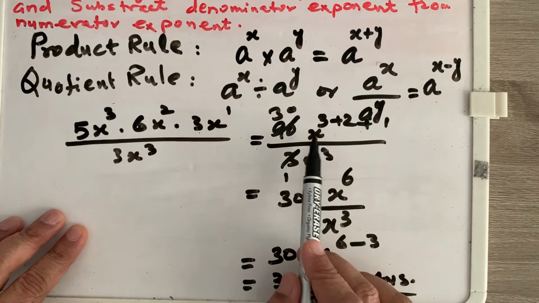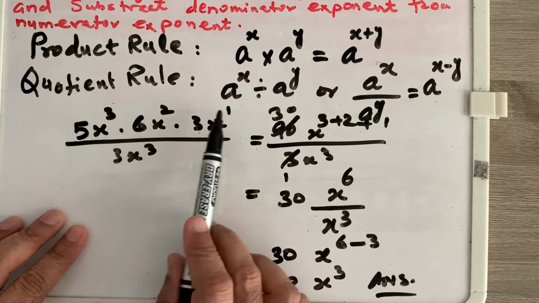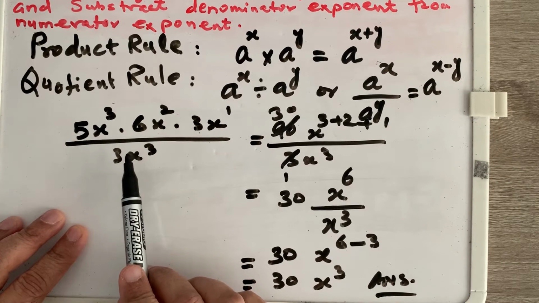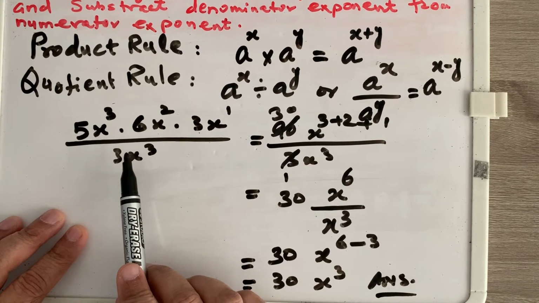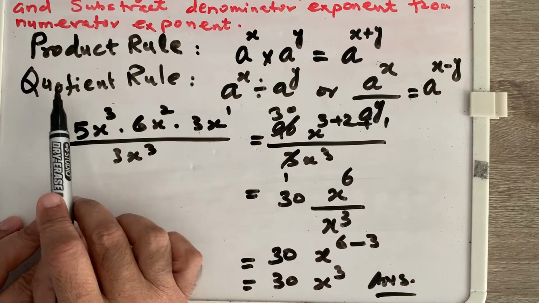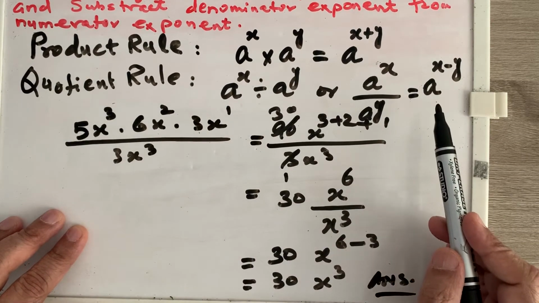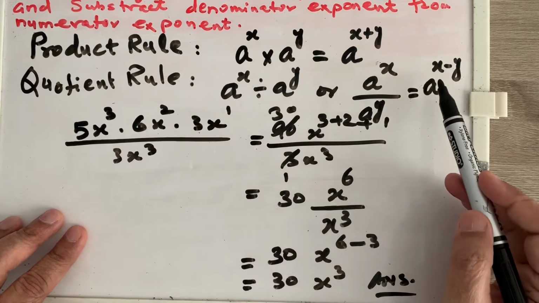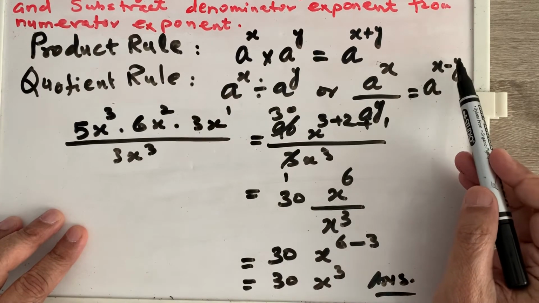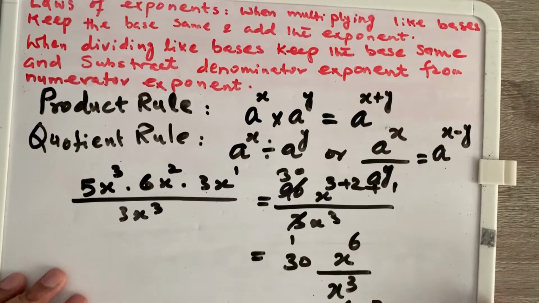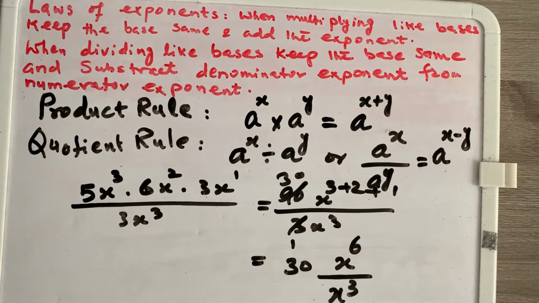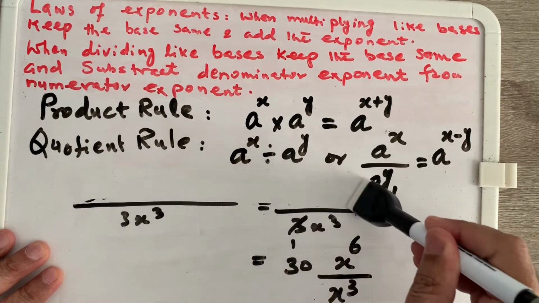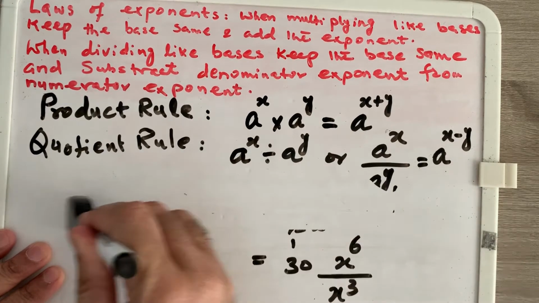So I add all the exponents here, 3 plus 2 plus 1, but I have to subtract the 1 which is in the denominator, because the quotient rule is saying that you have to subtract the denominator exponent from the numerator exponent. So x minus y. So we subtract them. So we can see another example for this one, where we have to add the power and we have to subtract the power, right?